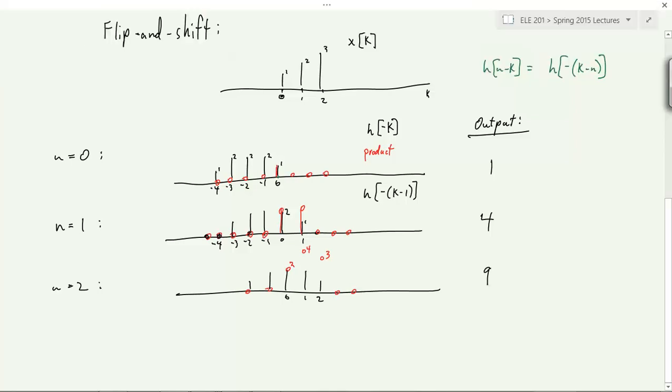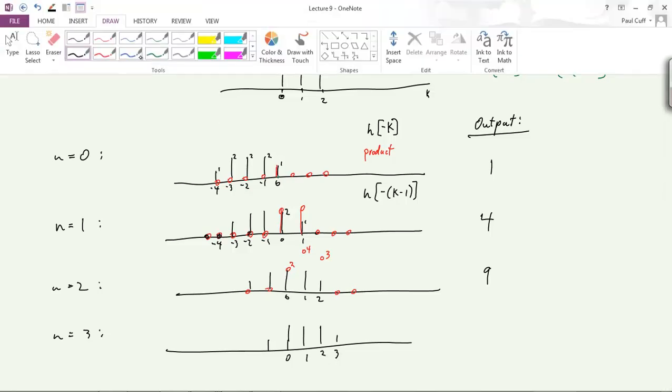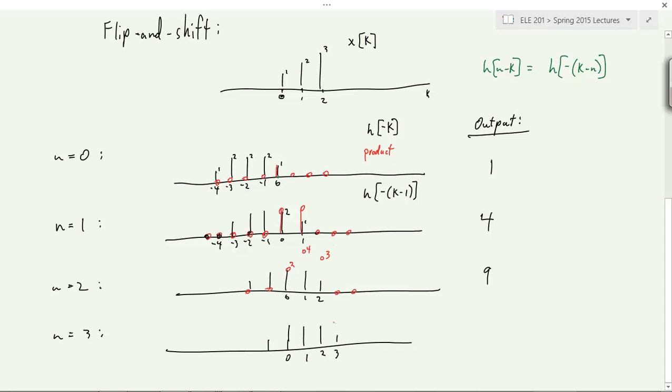Now this isn't going to go on forever because I picked a signal that was easy and that ended up having zeros. So we could keep doing this. n equals 3. Okay, we get 0 here, and we get 6, 4, 2, and then zeros. So 12.